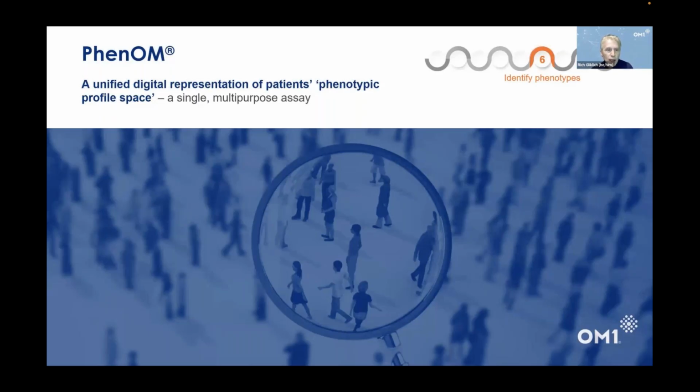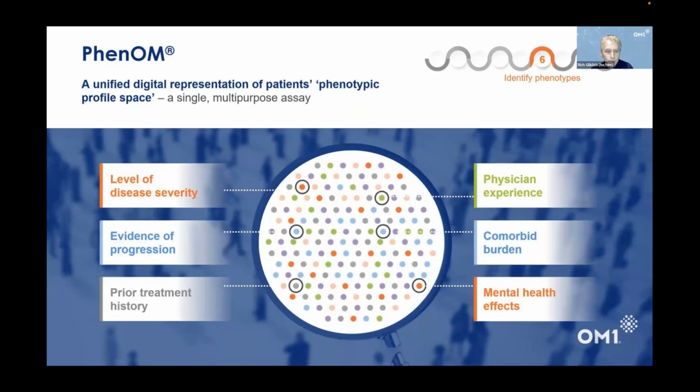Similarly, with the medical record, we can do this digitally using the concept of phenotyping and this platform technology called PhenOM. What we do with PhenOM is exactly what we would do with a gene sequencer. We're now looking at the digital record in a 500-dimensional space: things like disease severity, evidence of progression, prior treatment history, comorbid burden, the effects of mental health or social determinants.